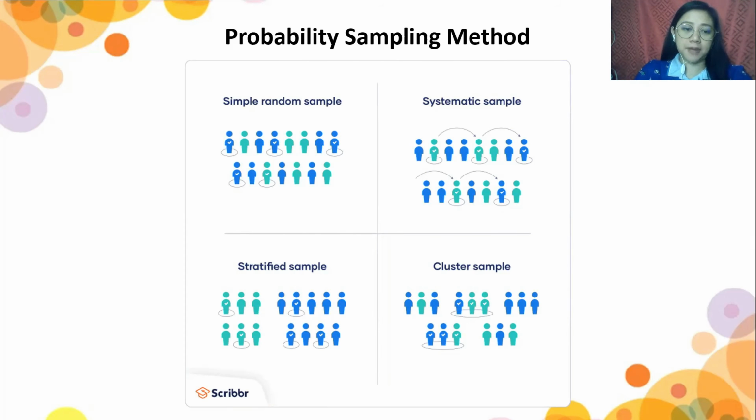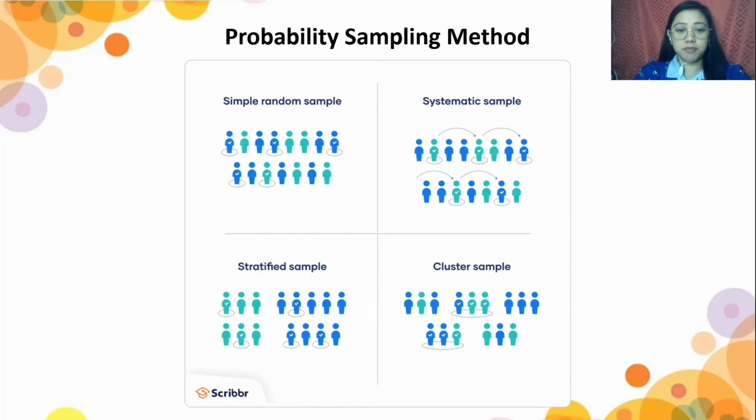Simple random sampling. In a simple random sample, every member of the population has an equal chance of being selected. Your sampling frame should include the whole population. To conduct this type of sampling, you can use tools like random number generators or other techniques that are based entirely on chance.